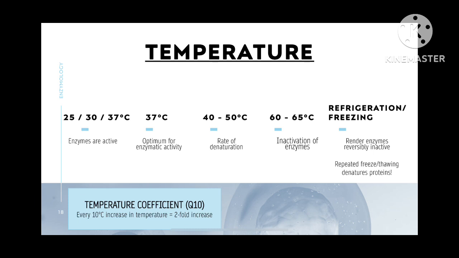Another factor would be temperature. When increasing the temperature, this usually increases the rate of a chemical reaction by increasing the movement of molecules and the rate at which intermolecular collisions occur, and lastly, the energy available for the reaction. This is the case with enzymatic reactions until the temperature is high enough to denature the protein composition of the enzyme.